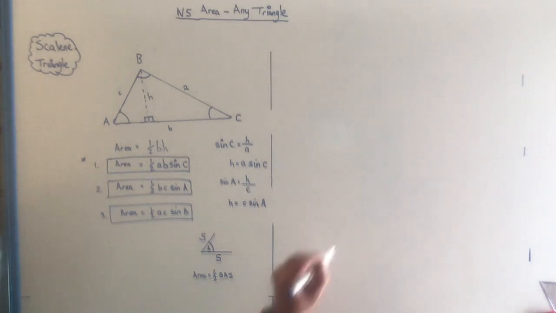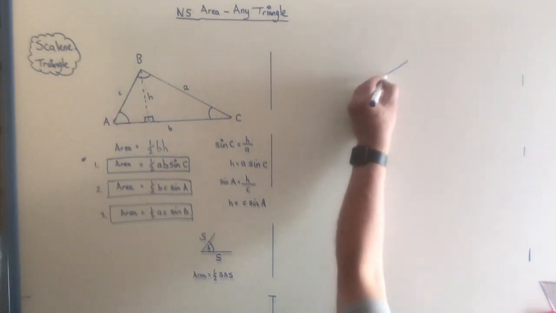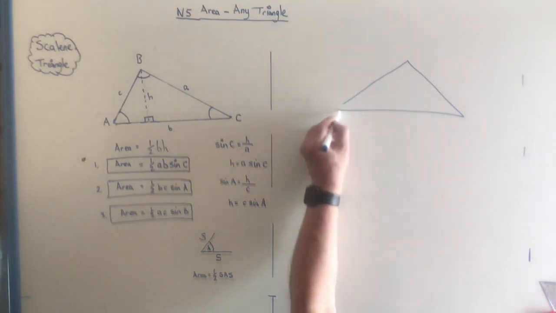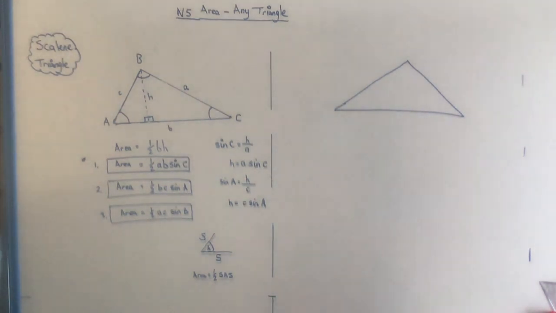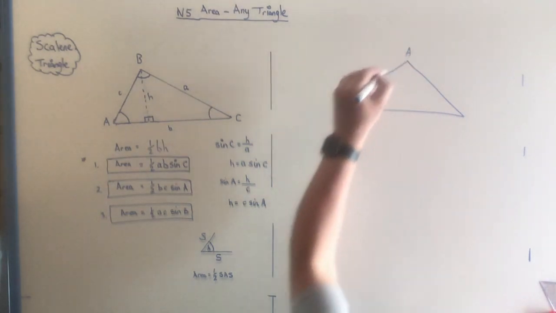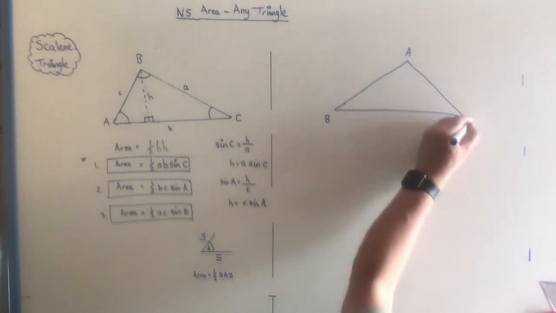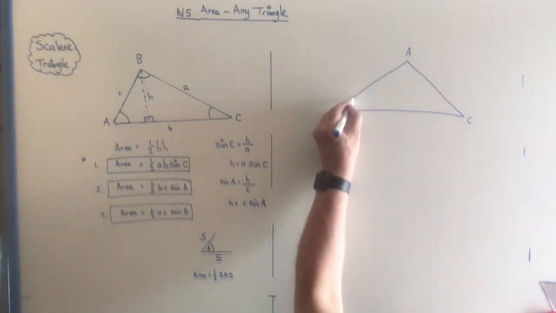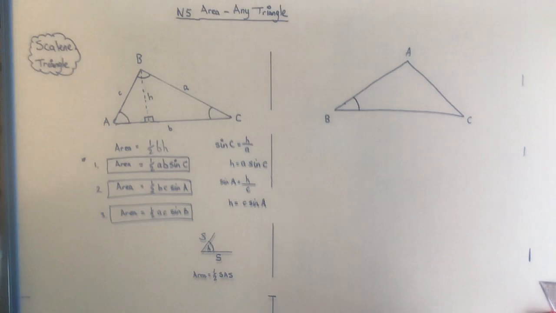Now, again, I'll draw out the diagram. Something like that, and it's labelled A, B and C. Okay, and we've got a shaded angle at B here. And what else are we given?